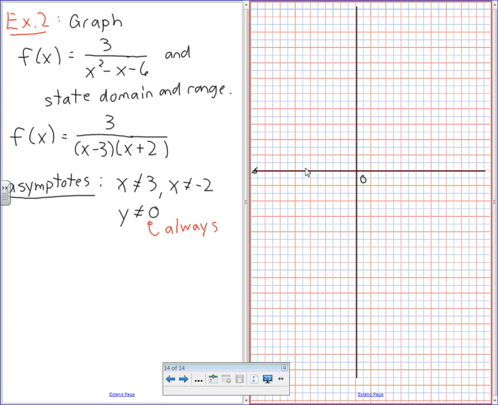I'm going to draw 1, 2, 3, 4, -1, -2, -3, and 2, 3, 4 on the other axis. Okay, there's my nice graph.